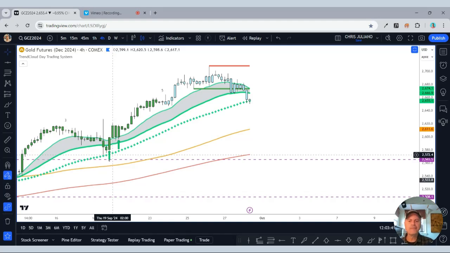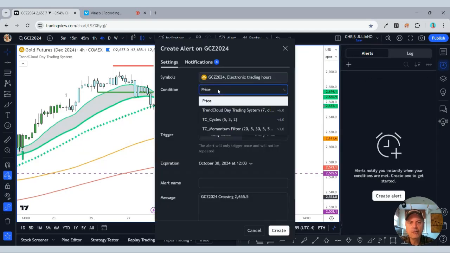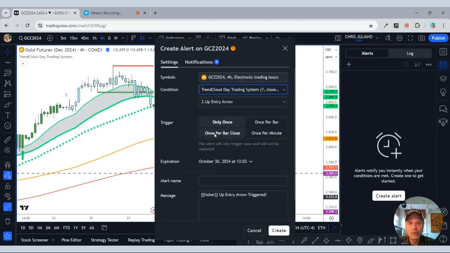Great, do that. In fact, you can send it right to your phone. On this 4-hour chart, if I wanted to get a signal on the higher time frame, I would just go over to this little alarm clock thing, click onto that, hit the plus button, and then go right here to TrendCloud. Okay, if you have your TrendCloud on there, once per bar, and we're going to look for an upward arrow.